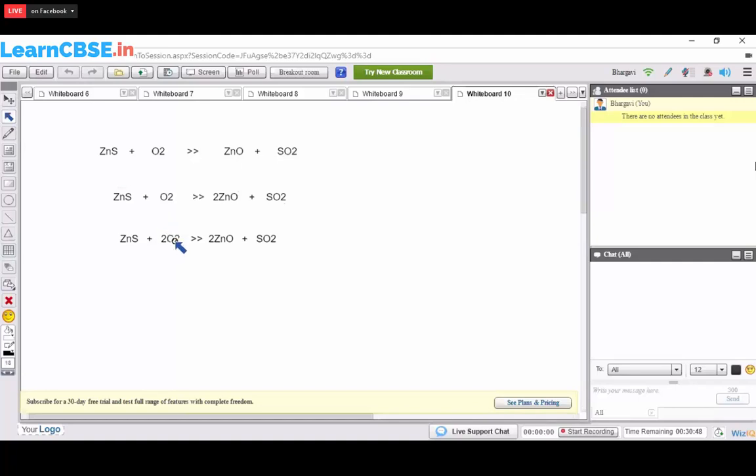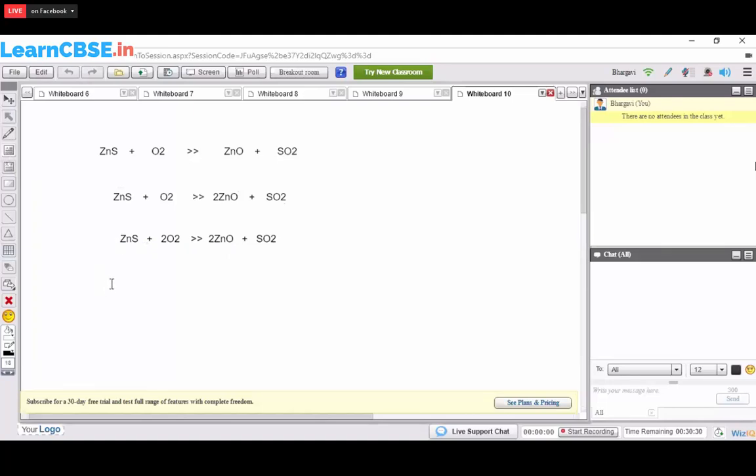Okay. So now we have to check the oxygen. 2 times 2, 4 oxygen atoms here. 2 oxygen here, 2 oxygen here. So 4 oxygen atoms. So now the oxygen atom is balanced. Then comes to the zinc. So here it is 2 zinc, but here it is only 1. Okay.